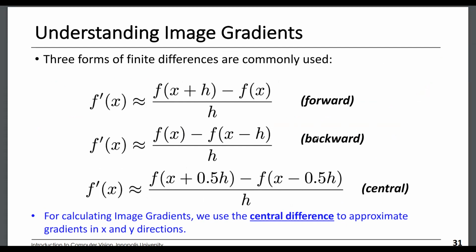And of course, there is the central finite difference, which is 0.5 forward and 0.5 backwards. Of course, this will not work if h is not an odd number. Is this odd or even?